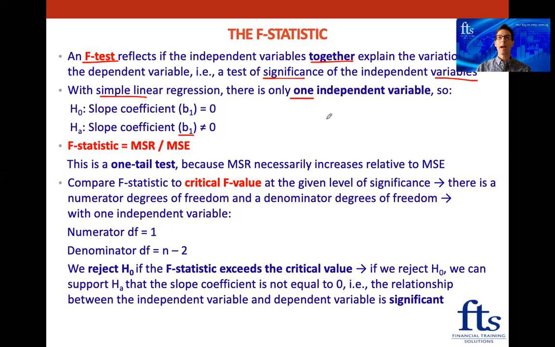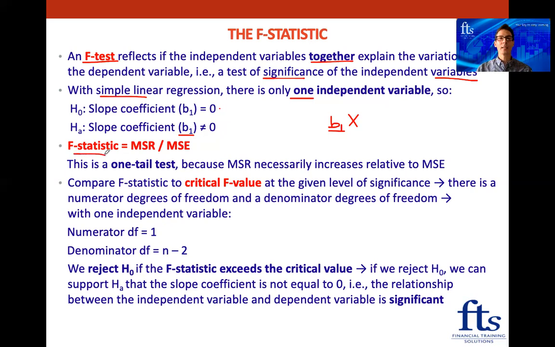So remember our regression equation, y equals our intercept plus b1 multiplied by our independent variable. So we're looking now at b1, the slope coefficient. What do we want it to be? We want it to be not equal to 0. So that's what we want to support over here. We want to reject this one, that the slope coefficient is 0. That's our null hypothesis. We want to reject that.